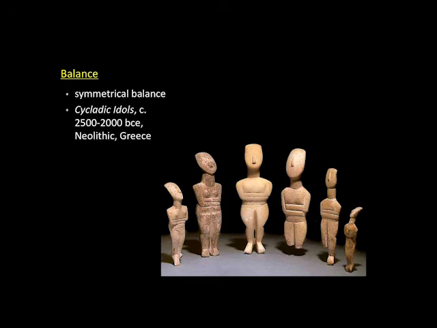The ancients, this is anywhere from 2500 to 2000 before the Common Era. Neolithic, New Stone, the Second Stone Age. These were little deities, little gods and goddesses from the Cycladic islands of Greece, and they're all extremely symmetrical. And they understand the human figure is exact on both sides, at least in their eyes.